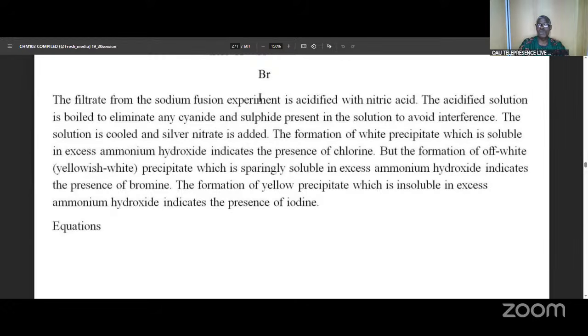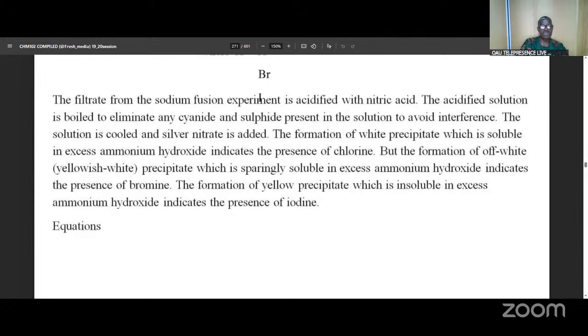Now, the formation of a white precipitate, which is soluble in excess ammonium hydroxide, indicates the presence of chlorine, of course. And the formation of an off-white or yellowish white precipitate, which is sparingly soluble in excess ammonium hydroxide, indicates the presence of bromine. Now, the formation of a yellow precipitate, which is insoluble in excess ammonium hydroxide, will indicate the presence of iodine.